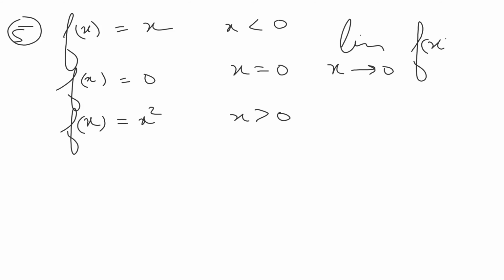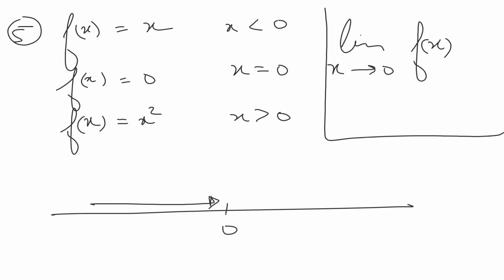Now x approaches 0 from the left hand side and from the right hand side. For the left hand side, we'll calculate the left hand side limit, and for the right hand side, the right hand side limit. So LHL, limit x approaching 0 minus.